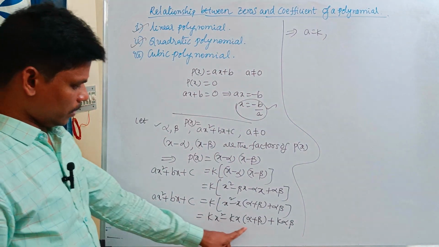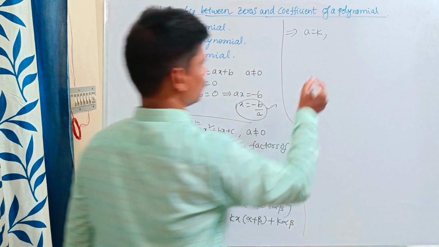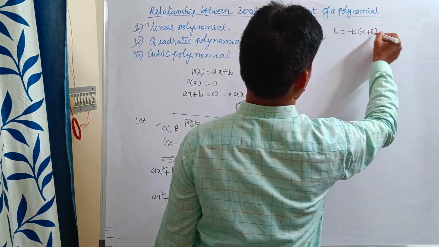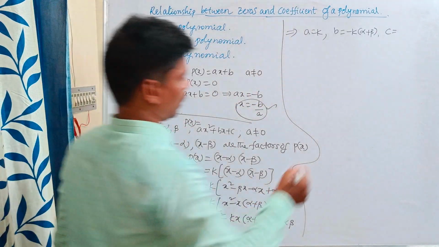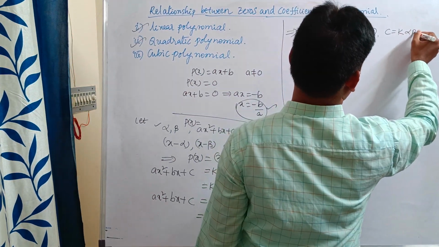Next, the x coefficient, b is equal to minus k into alpha plus beta. And c is equal to k into alpha beta.